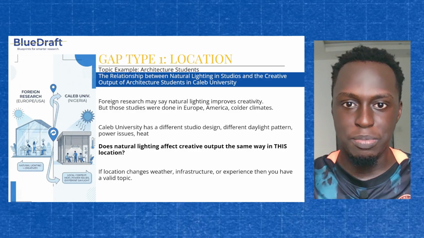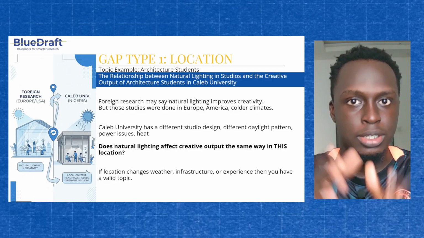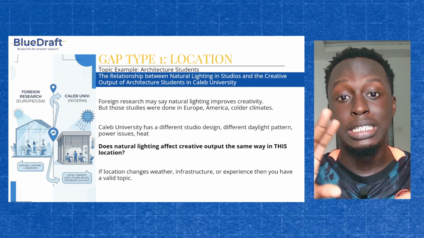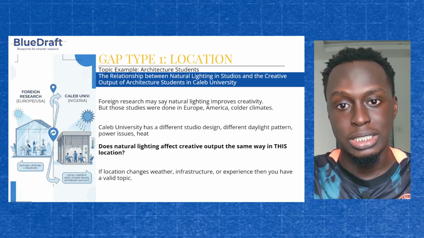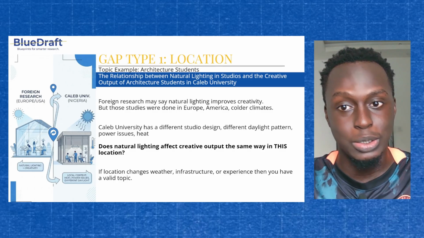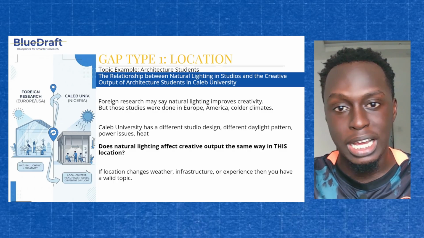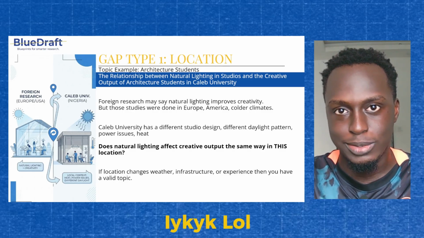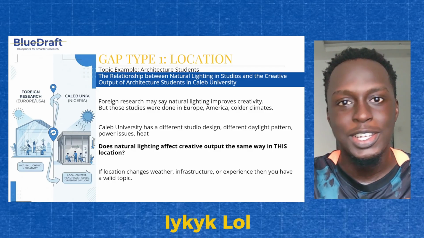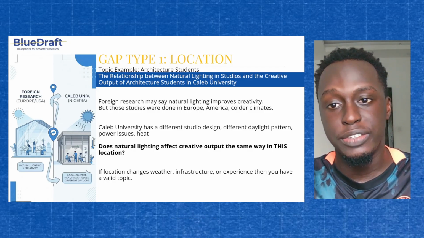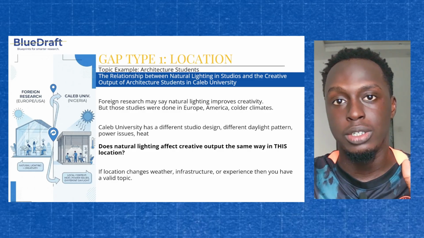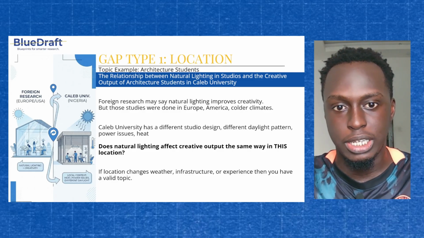But Caleb University, Lagos, Imota, Ikorodu is a different environment, with different studio design, different daylight patterns, power issues, and heat. So does natural lighting affect creative output the same way in this particular location?